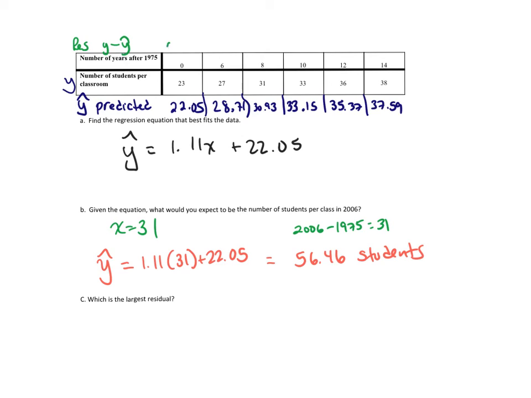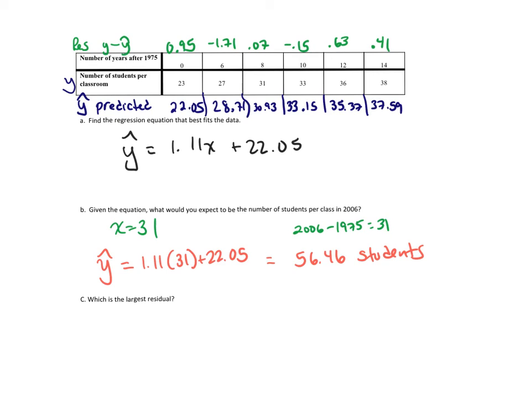So my residuals are going to be 0.95, and then negative 1.71, and then 0.07, and then negative 0.15, and then 0.63, and then 0.41. Now the question is, which one is largest? Well, with the largest one, you don't always necessarily want the biggest number.